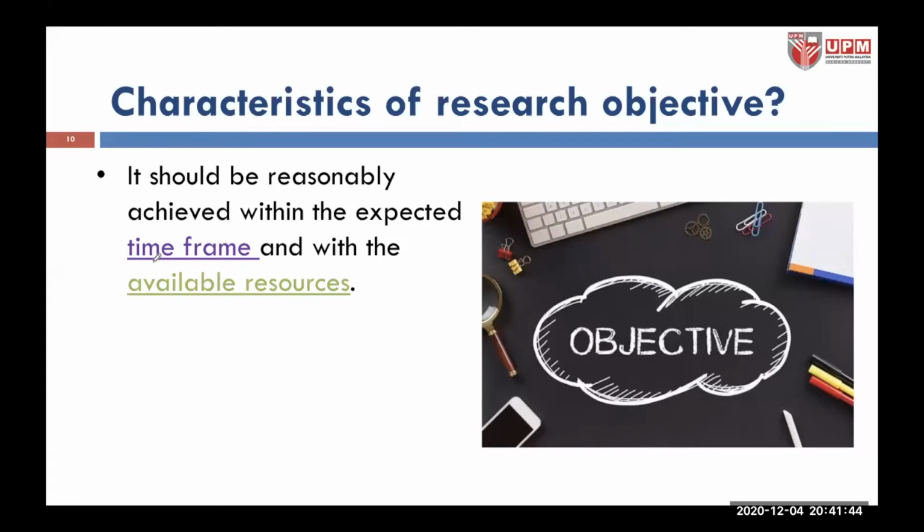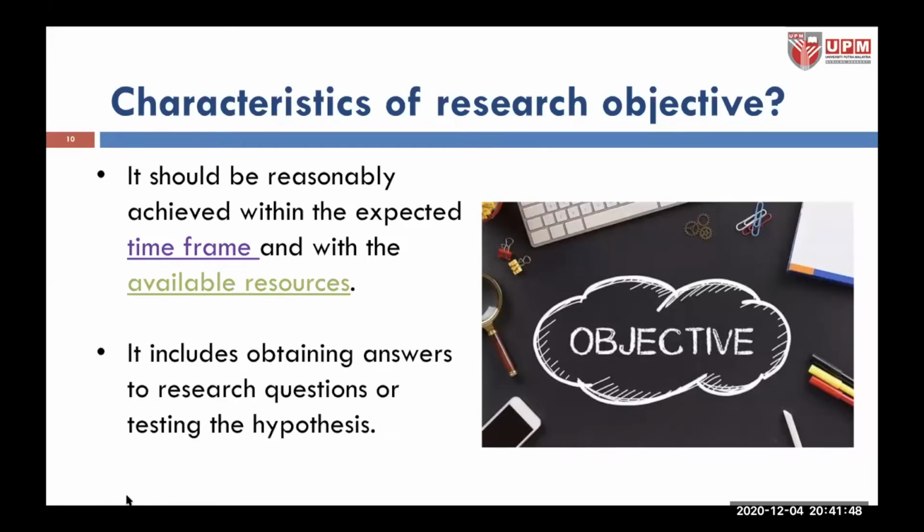So it depends on the available resources. And it also includes obtaining answers to research questions or testing the hypothesis. Later we will look at what we mean by research question, how a research question is crafted, and how the hypothesis can be tested in a research objective.